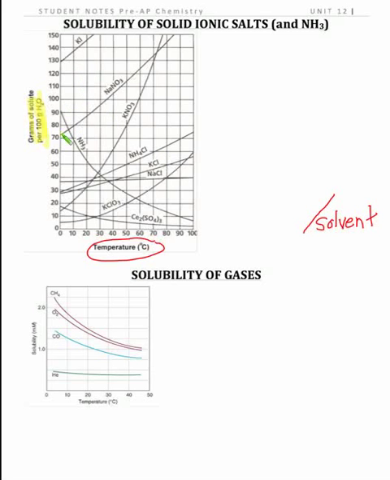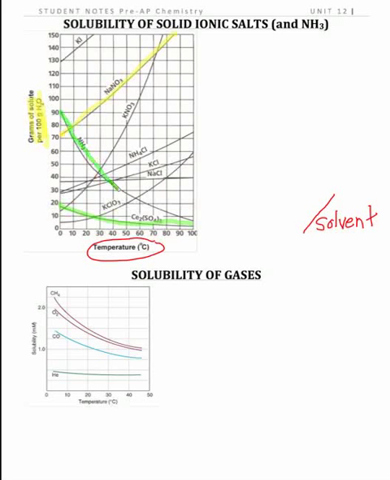Now, these are all salts, and if you'll notice, they all increase solubility with temperature, with one exception in this chart, and then we're showing ammonia as well. This is the exception of the salt. That doesn't mean it's the only existing exception. That's the only one on this chart that decreases in solubility.